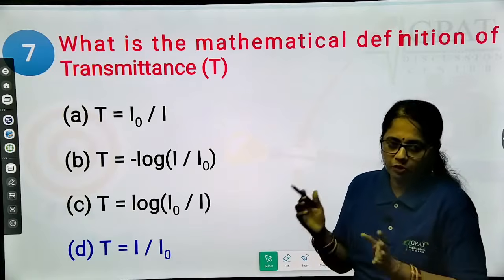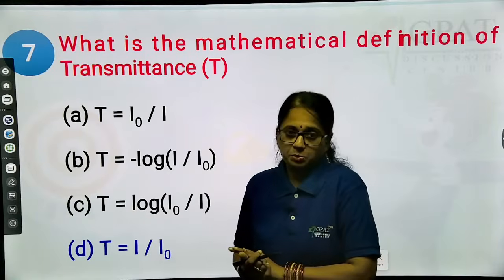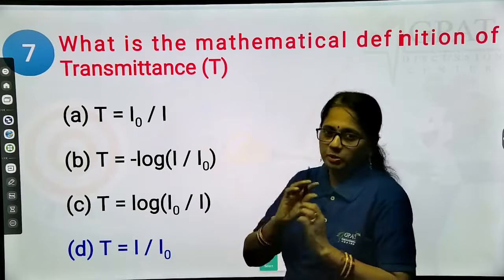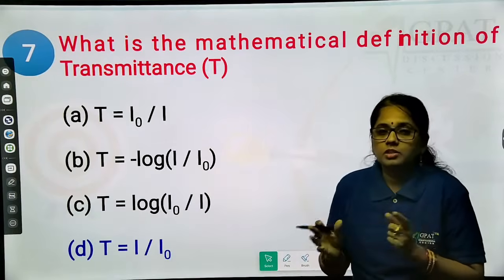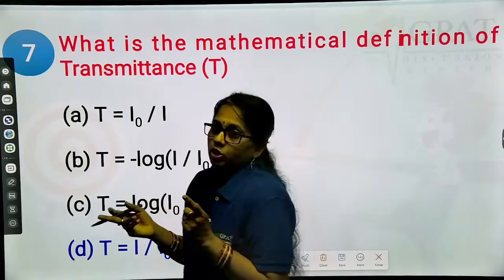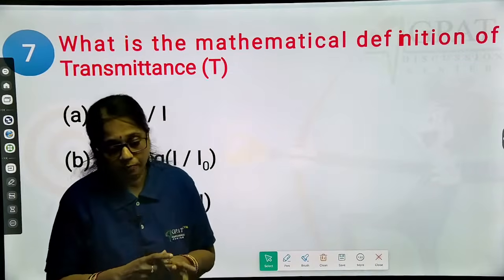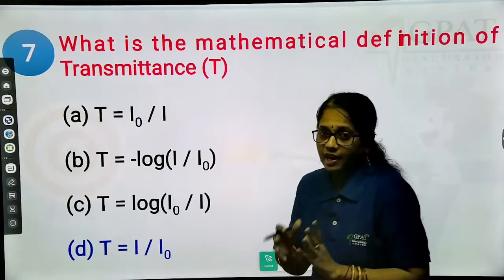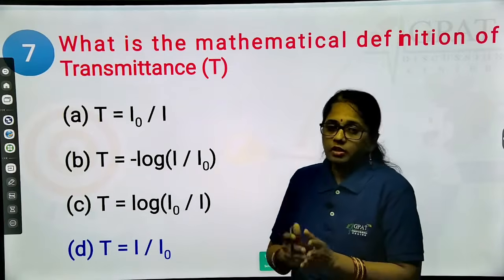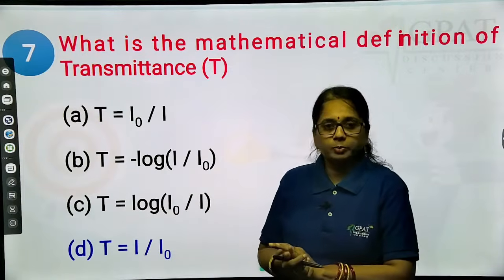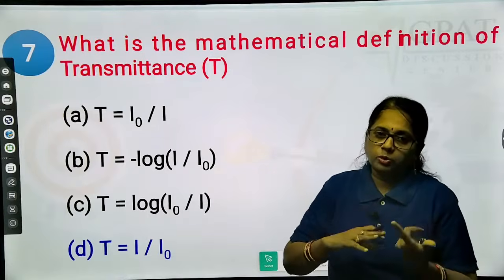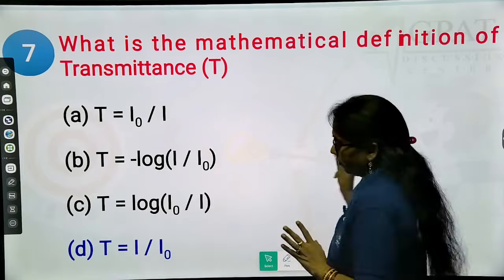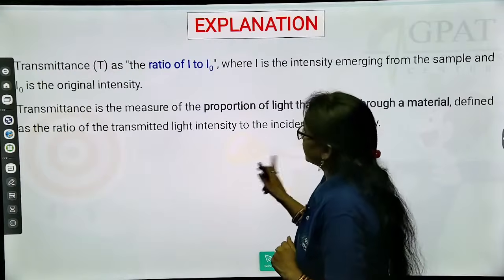It is going to give you the percentage of transmission. That is called as transmittance in simple terms. Okay. So these logarithmic values are going to come into the picture whenever we are correlating the absorbance and transmittance. But as such, absorbance is I0 by IT, whereas transmittance is reversal, IT by I0. Okay. So that is the correct answer.